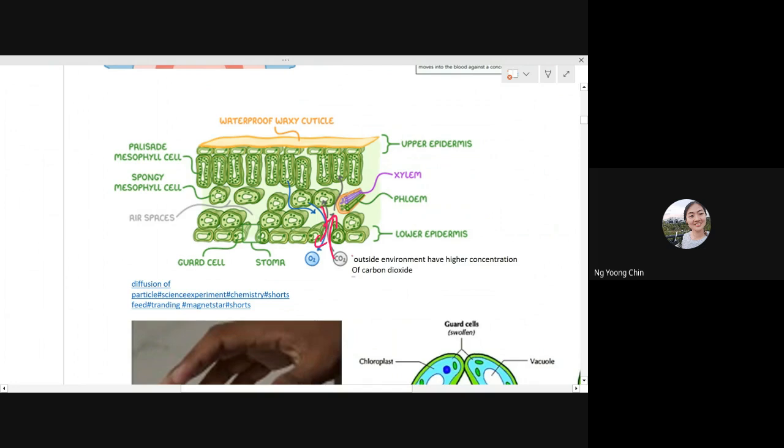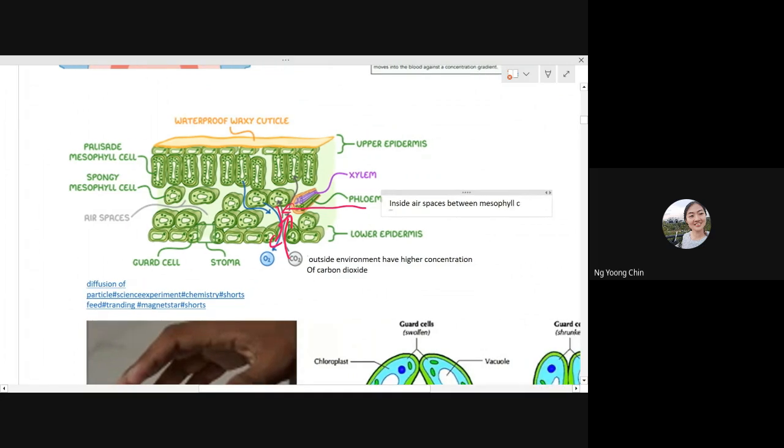However, inside the airspace between the mesophyll cells, there is a lower concentration of carbon dioxide. So the rule of simple diffusion is that they always diffuse from high to low concentration, from 高浓度 to 低浓度. Concentration refers to 浓度. So this is how it works.